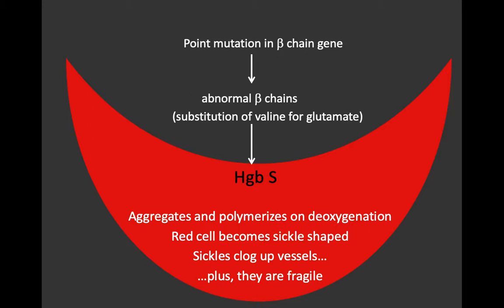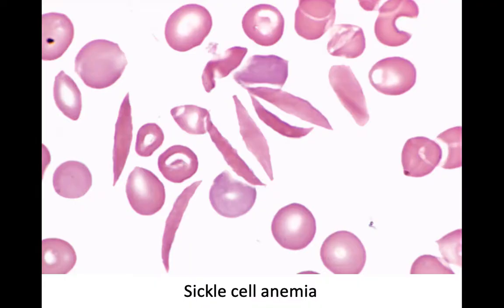And if you get a clog in a blood vessel and blood can't continue to flow, the issue is on the other side of that clog, there isn't enough oxygen. And when cells don't get enough oxygen, they let you know that oxygen levels are critically low by releasing chemicals that stimulate pain. And so a person who has a lot of these blood clots in their body is going to have severe pain issues.